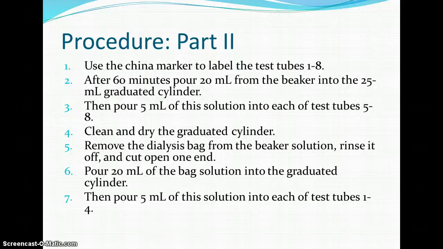We then cleaned and dried the graduated cylinder, and we removed the dialysis bag from the beaker. We rinsed it, cut it open, and poured another 20 milliliters into the graduated cylinder, and again divvied up 5 milliliters of the solution into test tubes 1 through 4. Basically, what this will do in the long run is show us the difference between the inside of the cell and the outside of the cell.